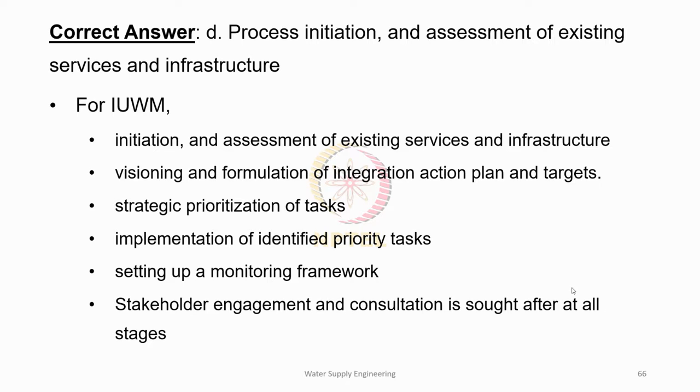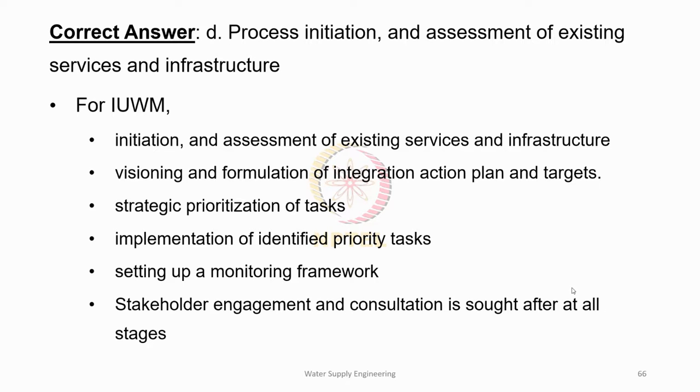Okay. So, in the case of integrated urban water management, first step we will understand the strength of existing services and infrastructure. After that, we will formulate action plans, targets, aims, which all are to be implemented. So, once we identify the task, next step is to prioritize them according to their importance.